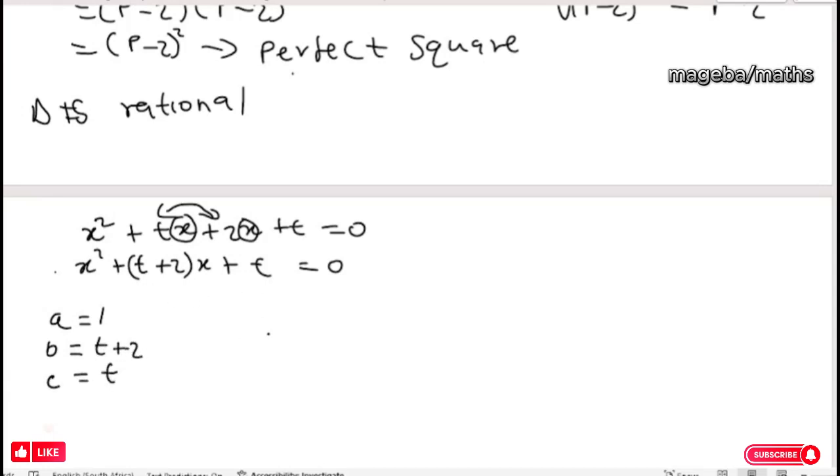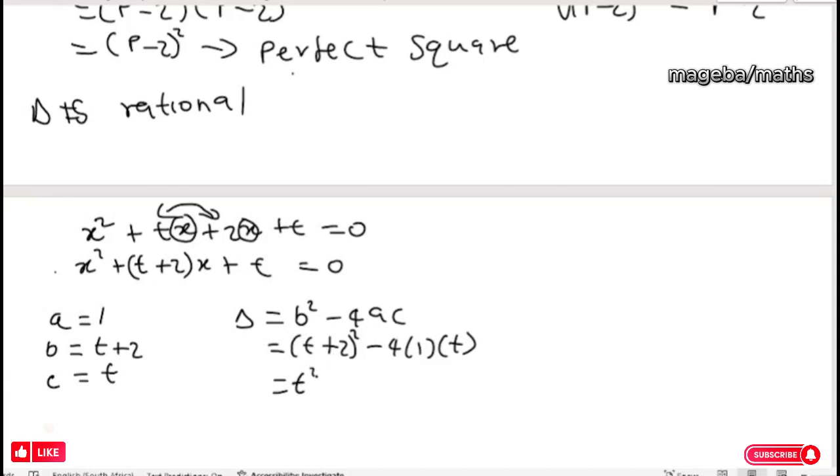Now let's get going. Remember, the delta is equal to b squared minus 4ac. Now remember, my b is t plus 2 all squared, minus 4. My a is 1. Then my c is t. So what is the product of this?